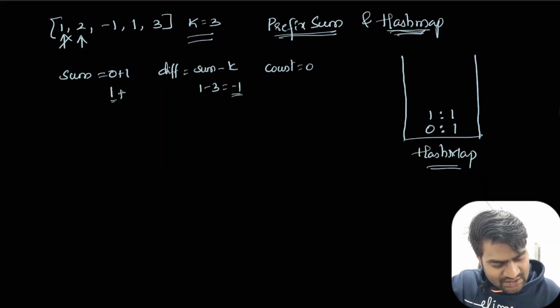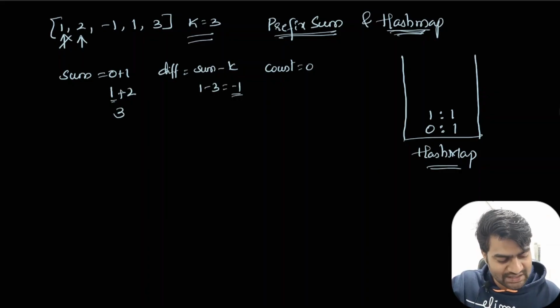So I will add 2 to it, then its sum will be 3. Now this is very important. If you see with the naked eye, 1 and 2 combine to give us 3, which is equal to k. So if you see, our sum is 3 and our k is 3, and the difference will be 0.